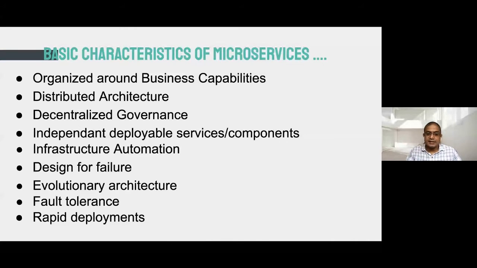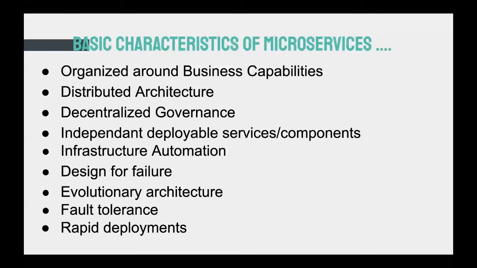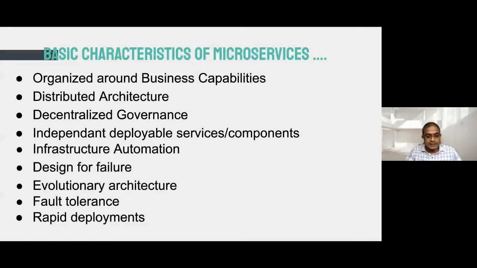Design for failure is another very good aspect of microservices, because you don't know when something would fail. Whenever you are writing code or deploying an independent service, you have to think about the failure scenarios as well. You have to make sure that whatever service you are writing keeps working when its dependencies fail.